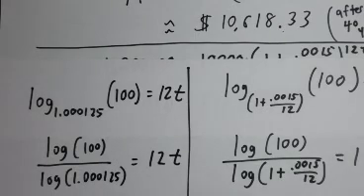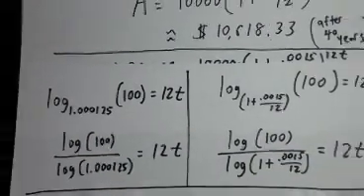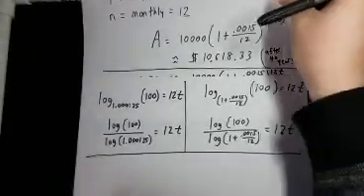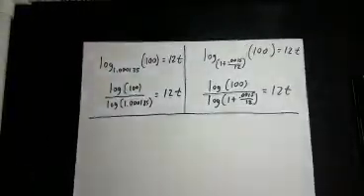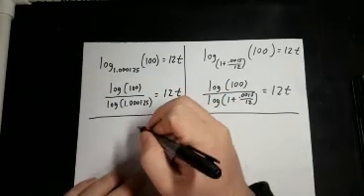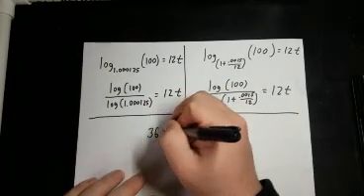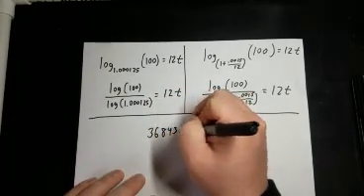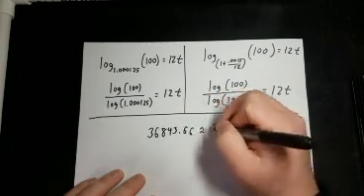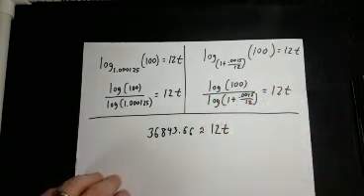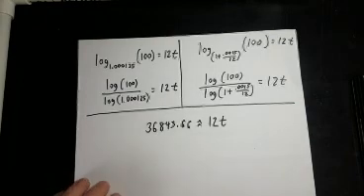Regardless of which situation we do, zooming back out just a tad, there we go. Regardless of whatever situation we end up doing, we have that terrible 36,000 number. 36,843.66 is approximately equal to 12t. Of course, you have to divide both sides by 12.